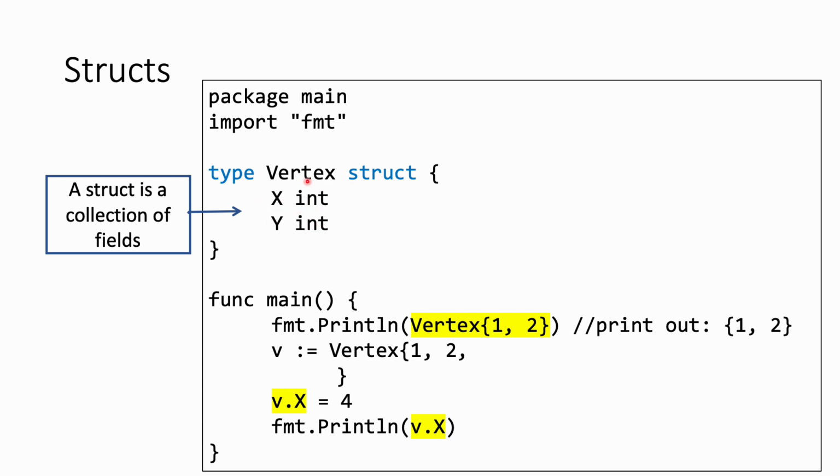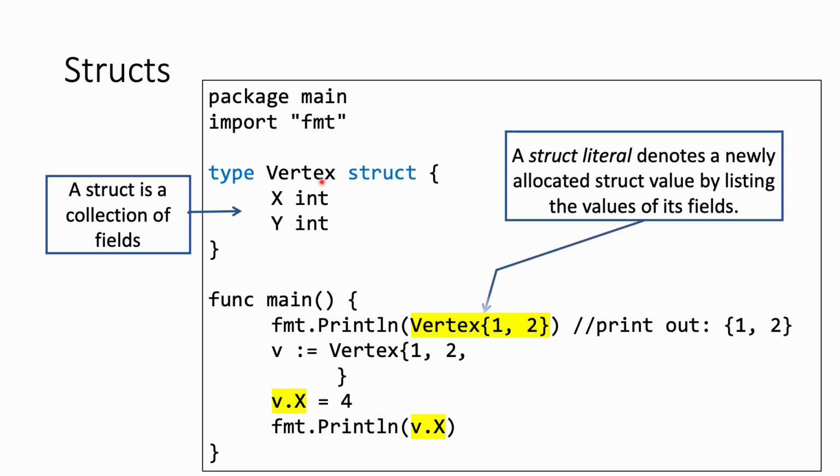For example, here we define a struct named Vertex with two fields named X and Y, and both fields are of type int. So now Vertex is a data type, and of course it also has values just like any data type. A struct literal denotes a newly allocated struct value by listing the values of its fields separated by commas.